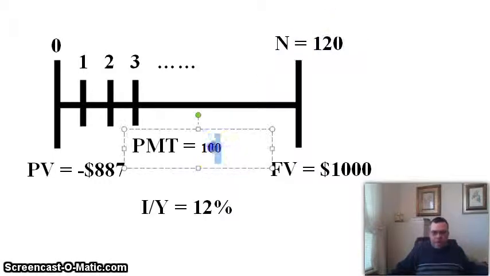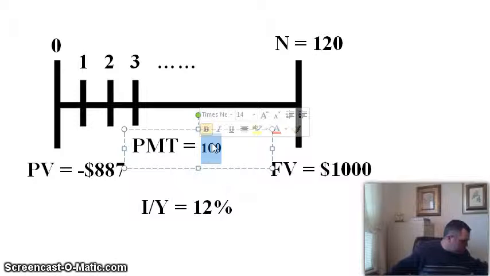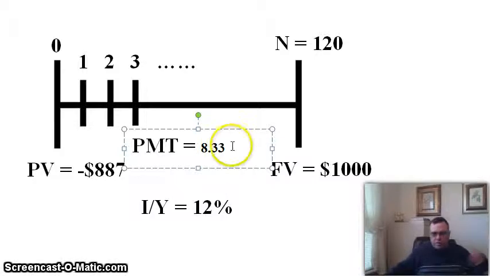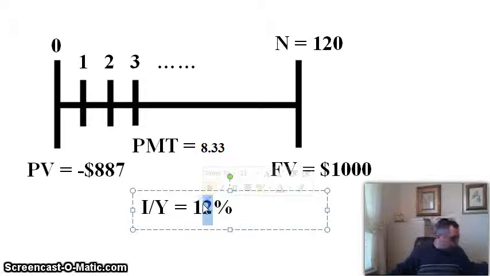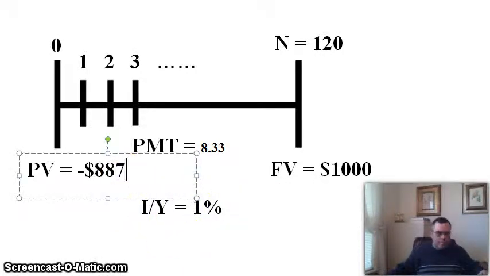You would divide the payment by 12 because you want payment per month. 100 divided by 12, it's going to be kind of a fraction. It's going to be $8.33 with the 3 repeating forever. 12 divided by 12 is easy. That's just 1% a month. And then let's go ahead and solve for this. And I'm getting $884 for that.